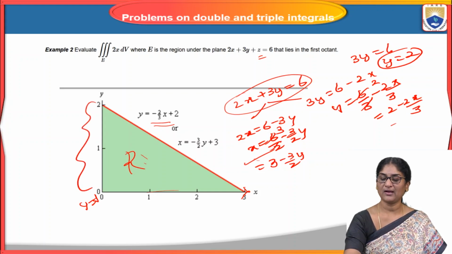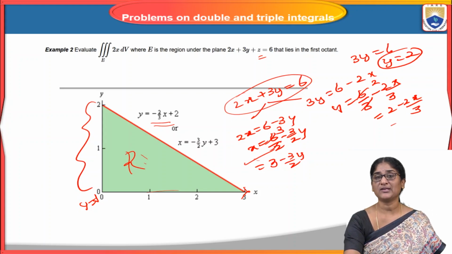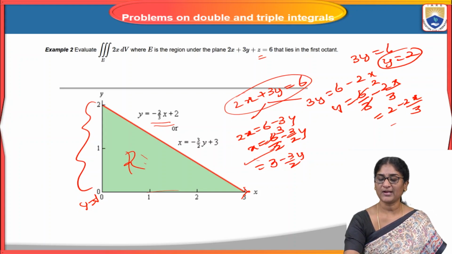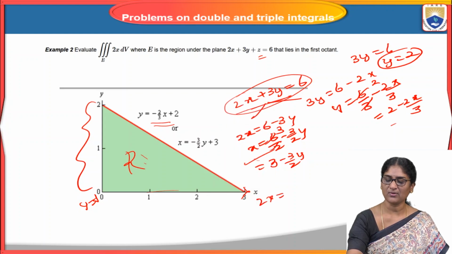Suppose you are taking y in terms of x, then the question is converted into x variables. Then you need to get the x limits. So how to get it? Take the same plane, put y is equal to 0. So 2x is equal to 6, or x is equal to 3.